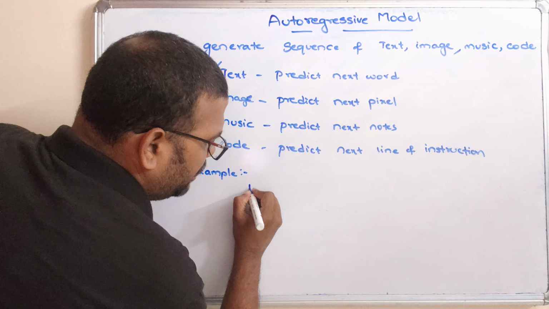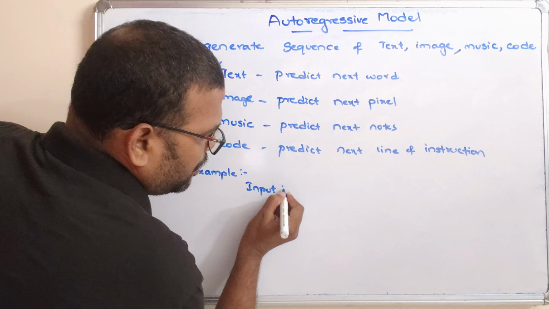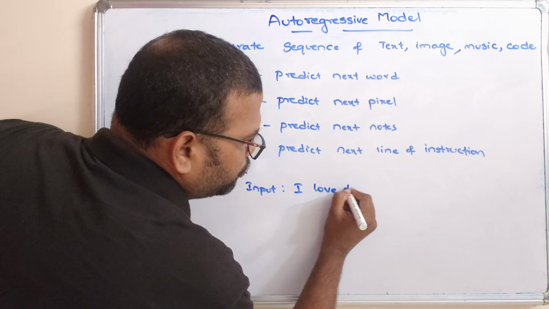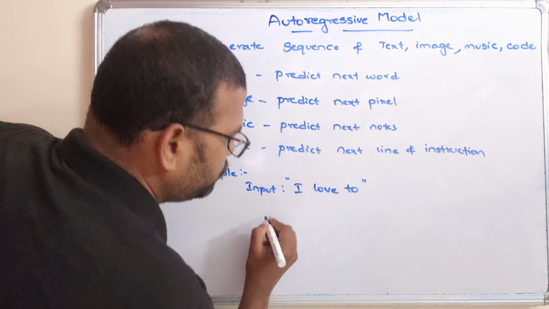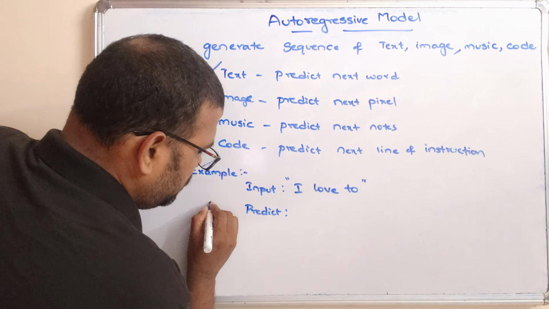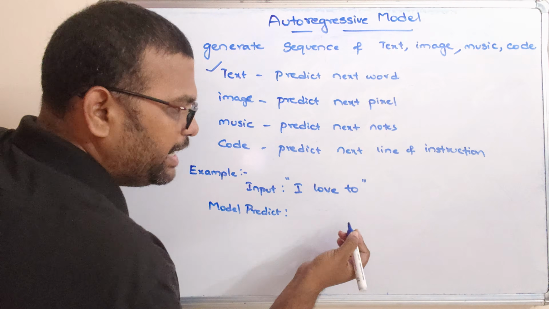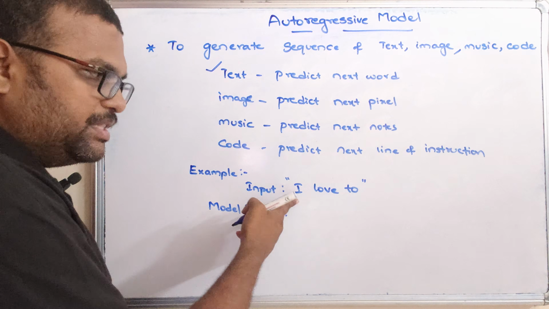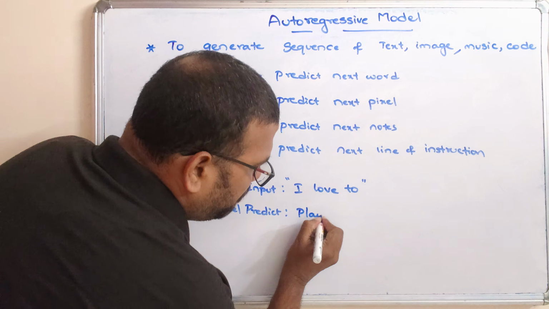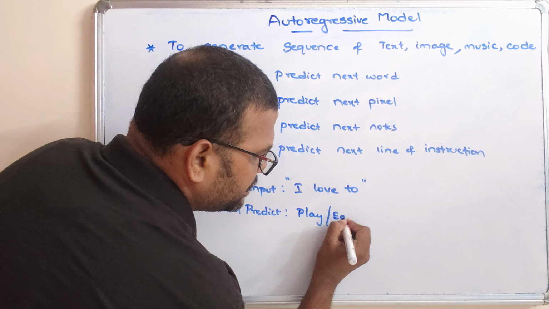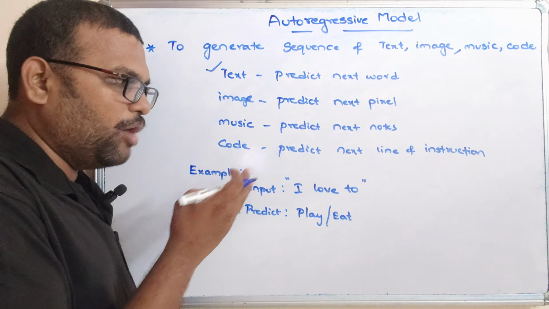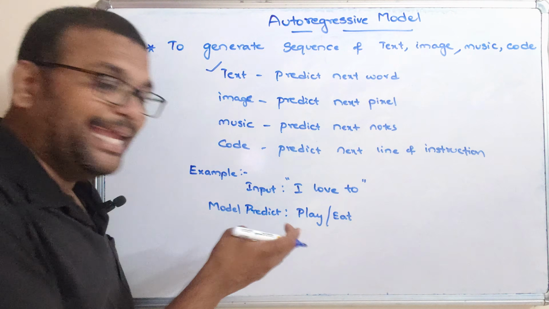If the input is "I love to", the model predicts the next word from this particular sequence, "I love to". So it will give play or eat. Okay, so it makes some sense: I love to play or I love to eat.